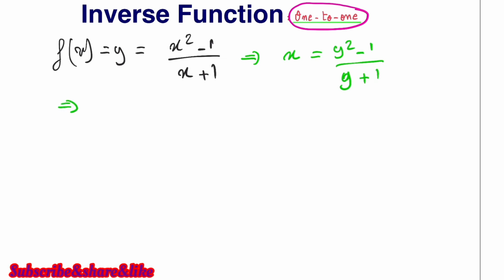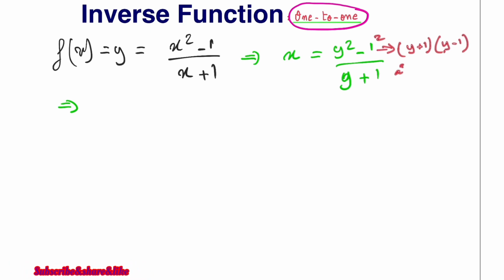Therefore we have to simplify. We see that here we can write y squared minus 1 as y plus 1 times y minus 1, because this is 1 squared, applying the formula that says a squared minus b squared is equal to a minus b times a plus b. Hopefully we can cancel.